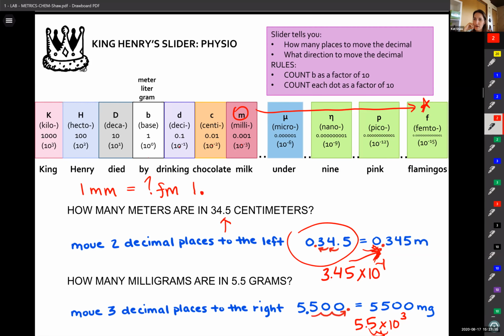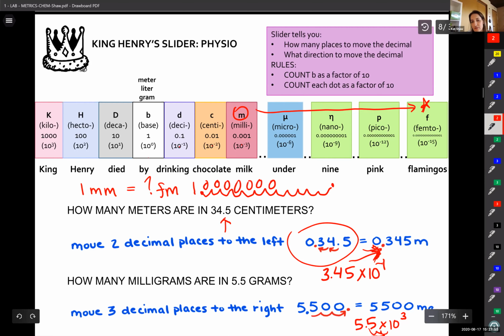We don't count our starting point, which is milli. We count each one of these dramatic pauses, the dot dots, as 1 decimal point or magnitude of 10. So 1, 2, 3, 4, 5, 6, 7, 8, 9, 10, 11, 12. We'd have to move the decimal point 12 spaces to the right. And we could do that 1, 2, 3, 4, 5, 6, 7, 8, 9, 10, 11, 12. It's a lot of zeros. That gets pretty cumbersome.